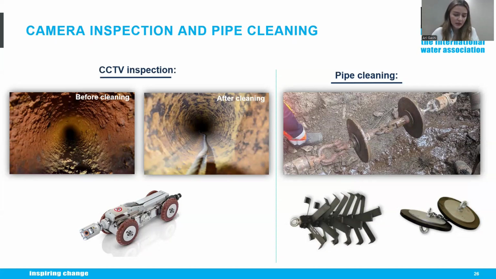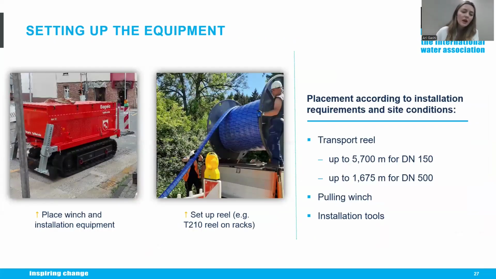And after cleaning, the results are verified and documented with a second CCTV run, as you can see there after the cleaning. So, once the pipeline has been prepared, the installation equipment is positioned on site. This mainly consists of the transport reel and the pulling winch, and of course the installation tools. The exact layout depends on the available working space and the project conditions.